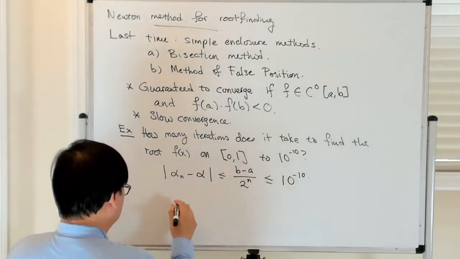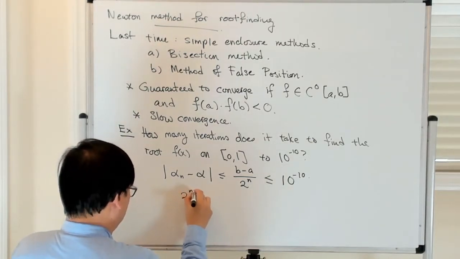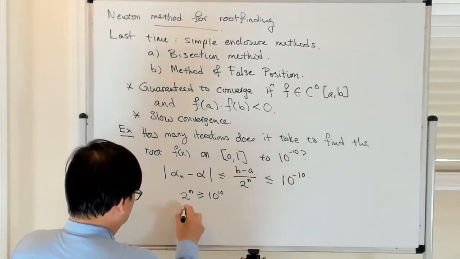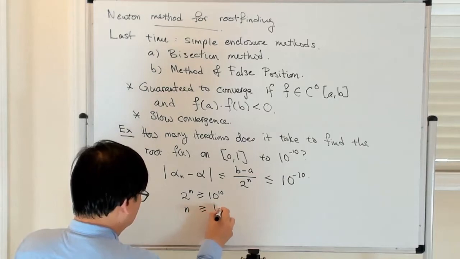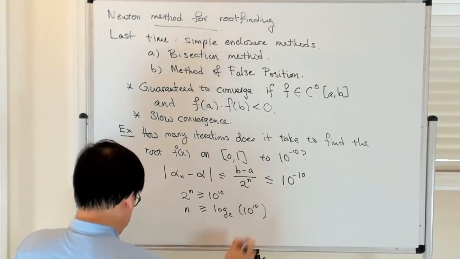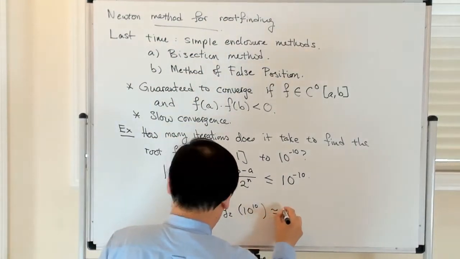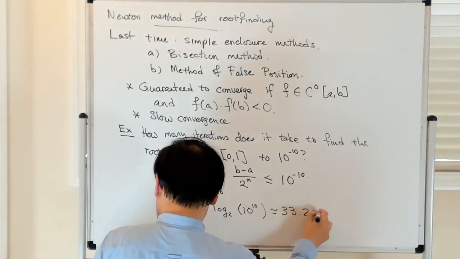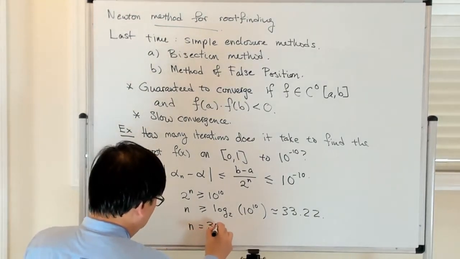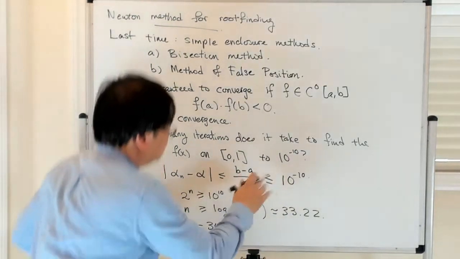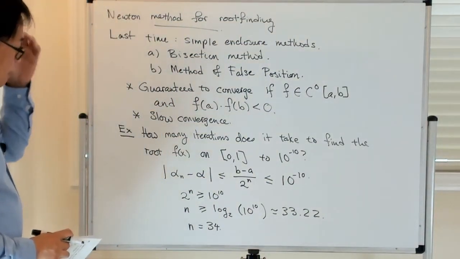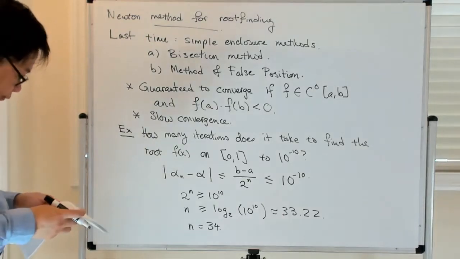Taking the reciprocal, 2 to the n is greater than or equal to 10 to the 10. So n is greater than or equal to log base 2 of 10 to the 10, which is about 33.22. So n needs to be at least 34 in order to achieve an accuracy of 10 to the minus 10. That's quite a number of iterations.